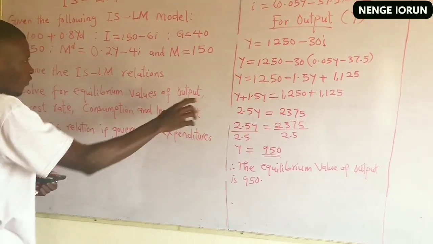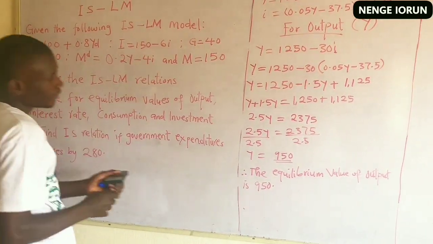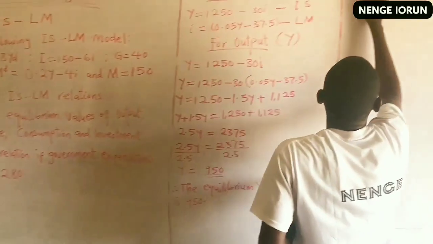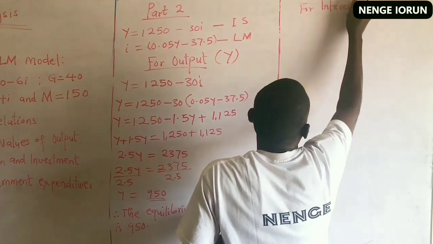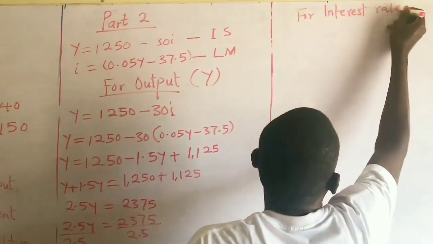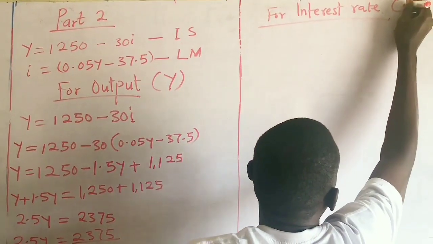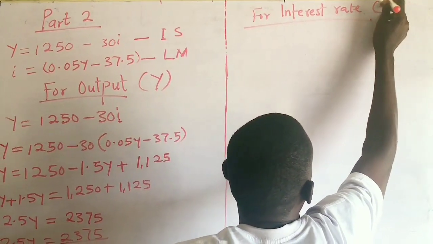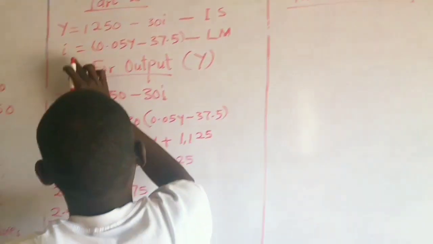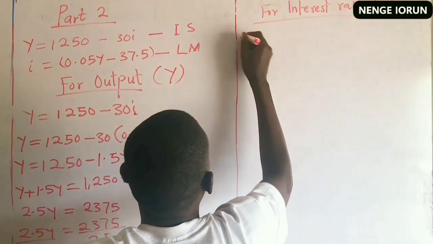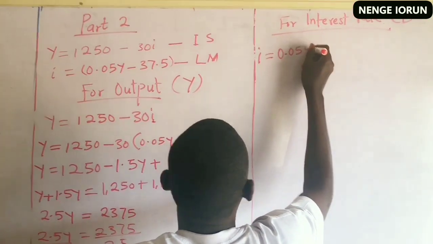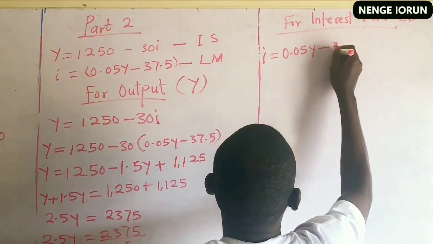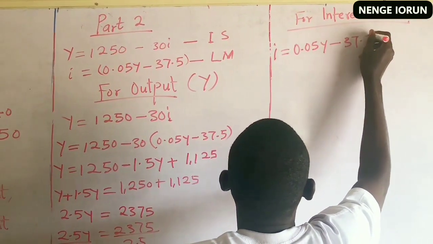Then for the interest rate, interest rate is small letter i, which is given by this function: i is equal to 0.05Y minus 37.5.